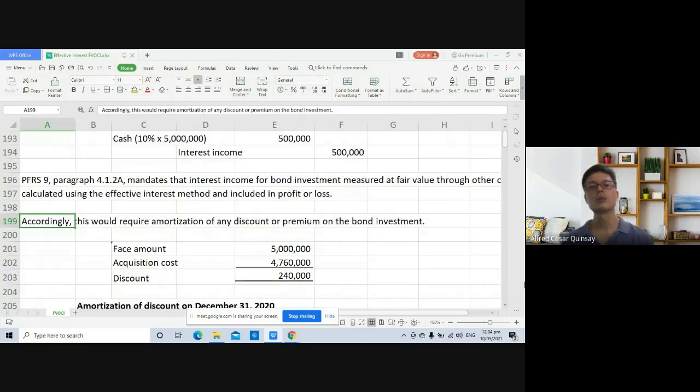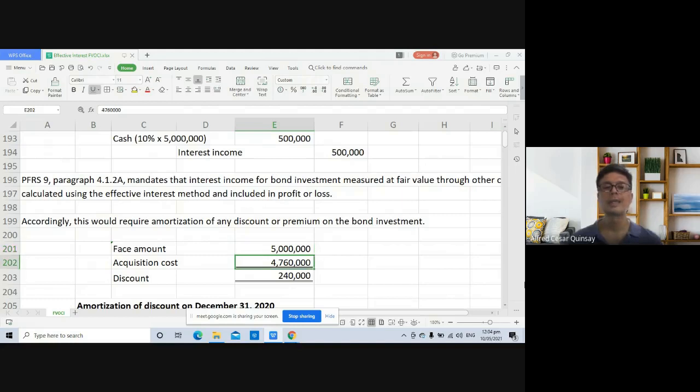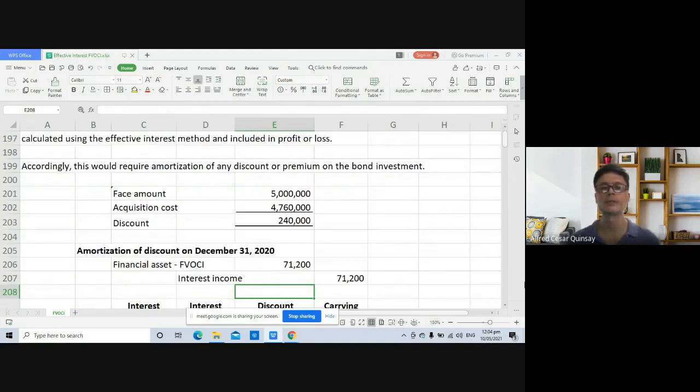Accordingly, this would require amortization of any discount or premium on the bond investment. The face amount of the bonds is 5 million less the acquisition cost, so there is a discount of 240,000. This 240,000 we will amortize during the life of the bonds.